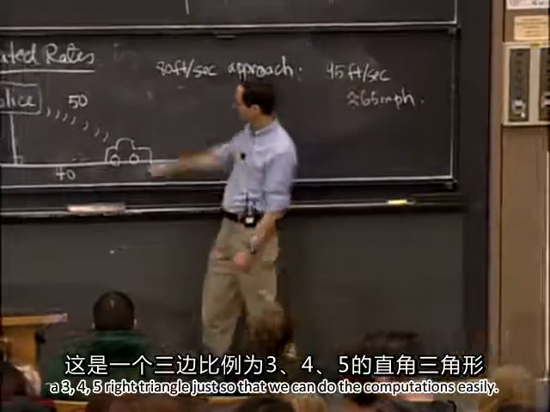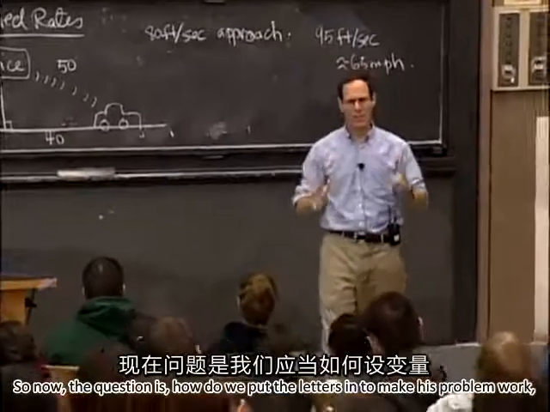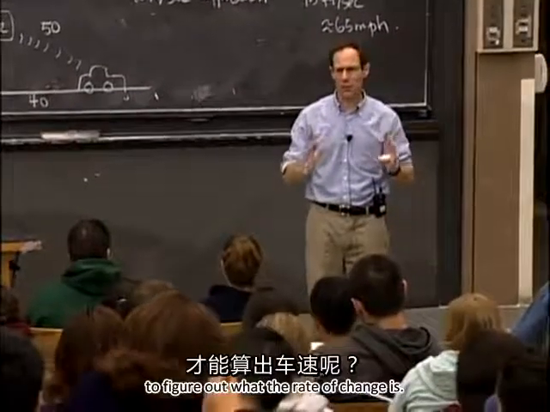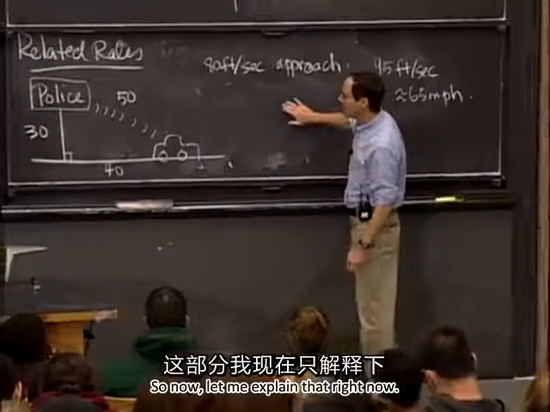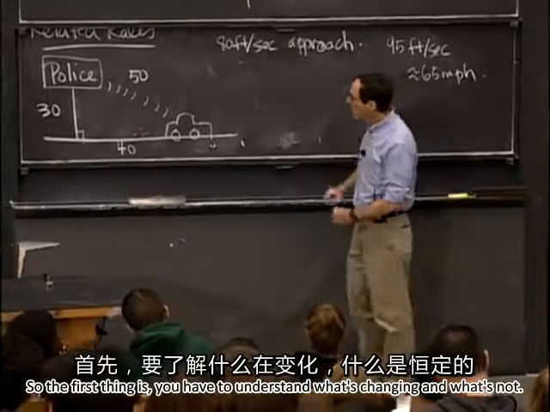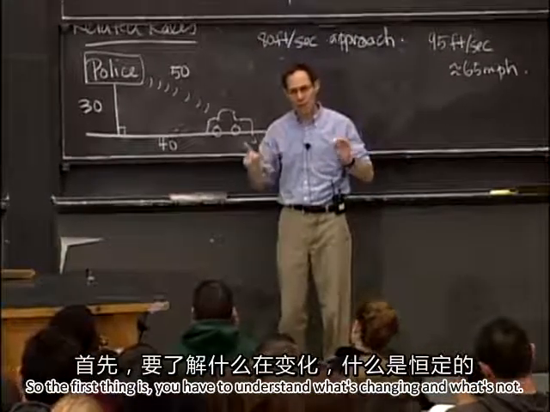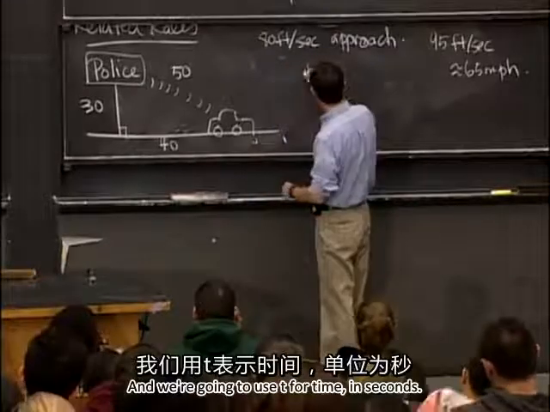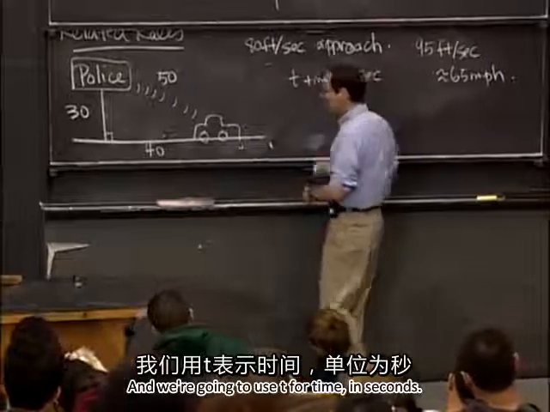All right? So now the question is, how do we put the letters in to make this problem work, to figure out what the rate of change is? So now let me explain that right now, and we will actually do the computation next time. So the first thing is you have to understand what's changing and what's not. And we're going to use t for time in seconds. Okay?